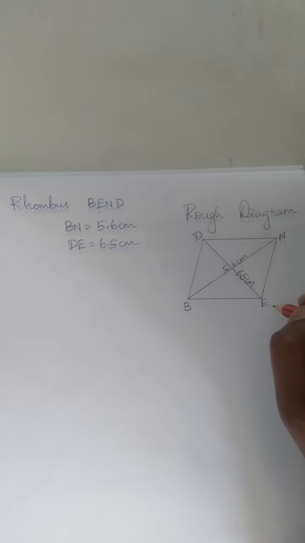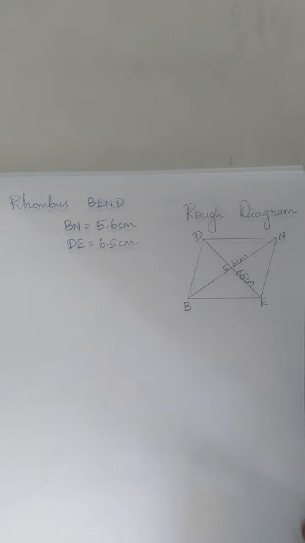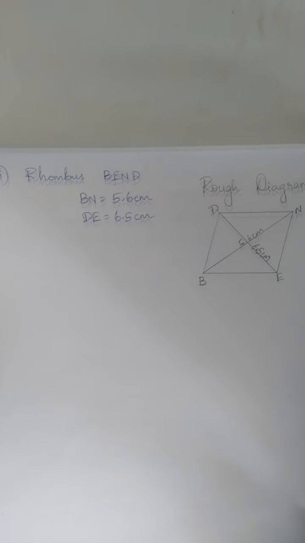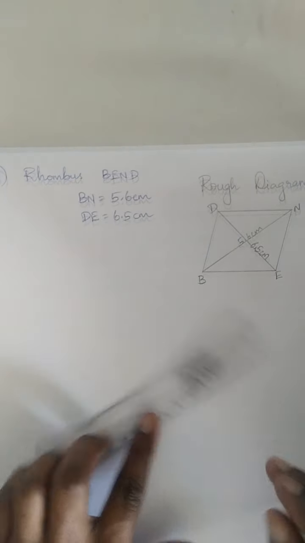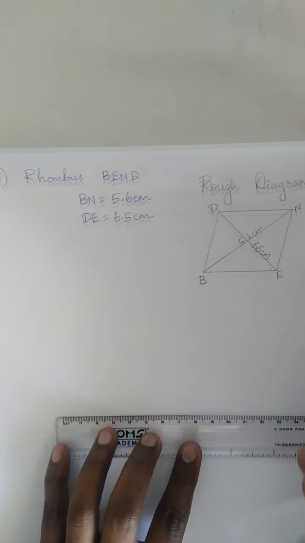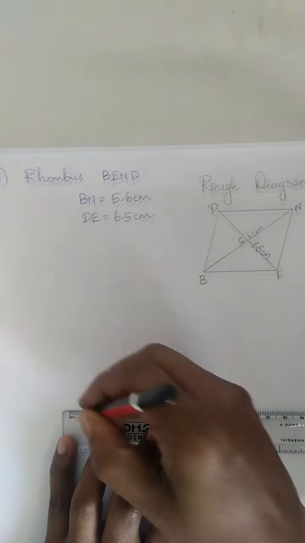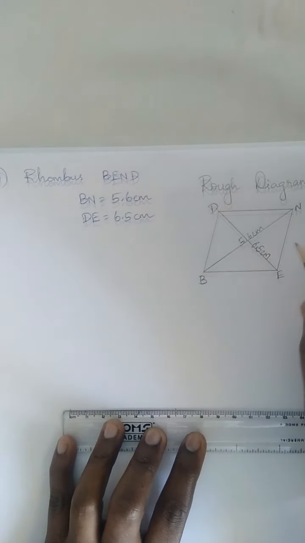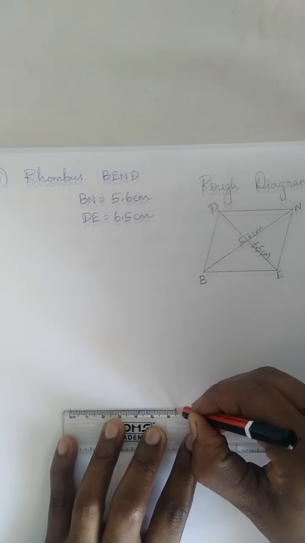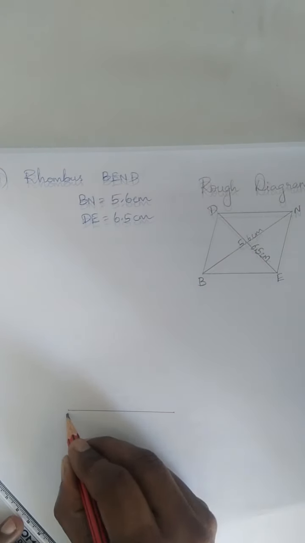Let's take any one diagonal as a base. Now I am taking the diagonal DE, 6.5. Even you can take BN also as a base.